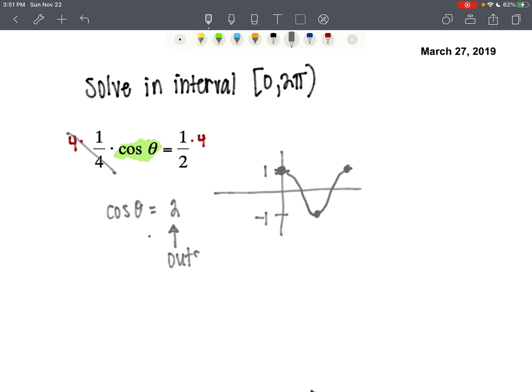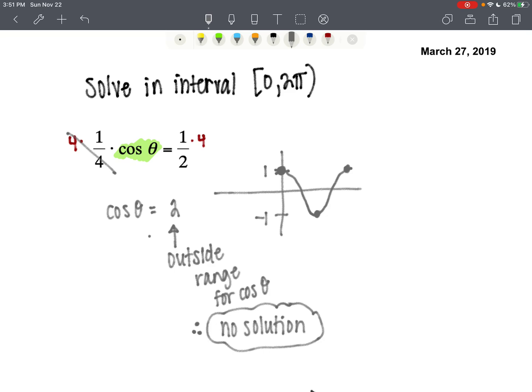This value of 2 is outside the range for cosine of theta. Therefore, there is no solution. Now, the reason why we say no solution here, and we don't say undefined, is because of this word right here. It's asking us in the directions to solve for theta, and there is no solution.